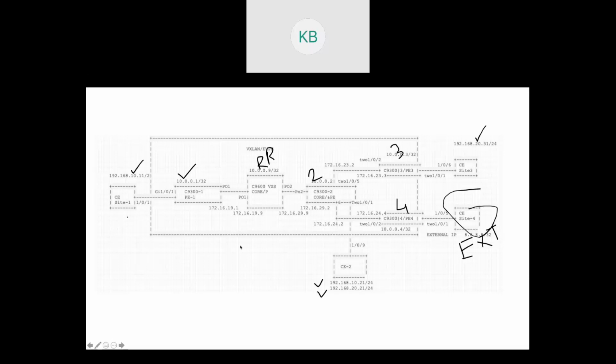So the end goal is to make sure we can ping from 192.160.10.11 to 10.21. This will be the goal of L2 VNI configuration. Once we are done with the L3 VNI configuration, we want to make sure we can ping from 10.11 to 20.21 as well, and 20.31 as well, and vice versa. All right, let's now get into the CLIs.